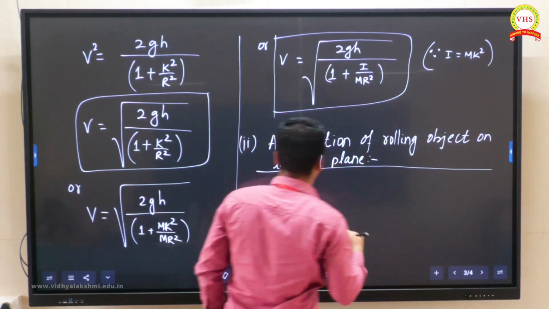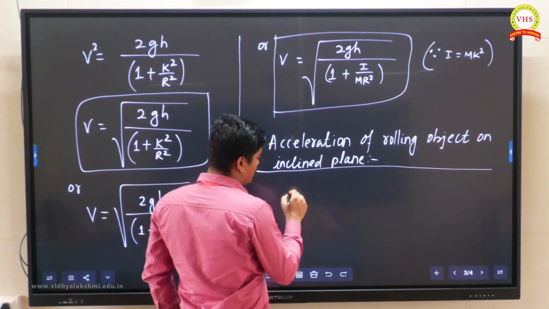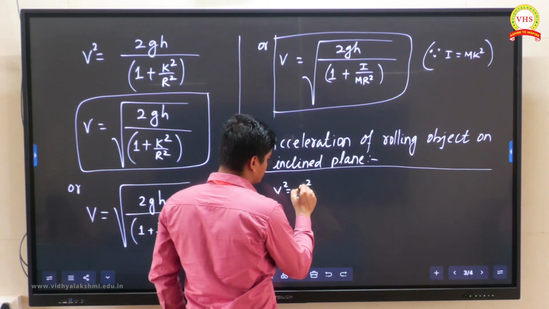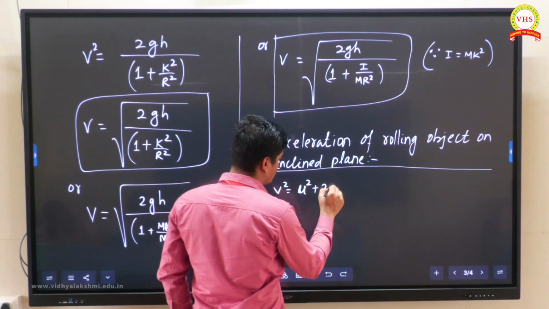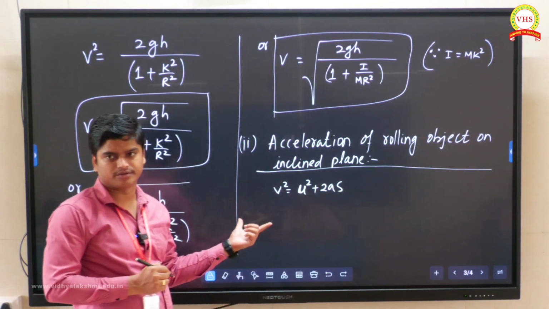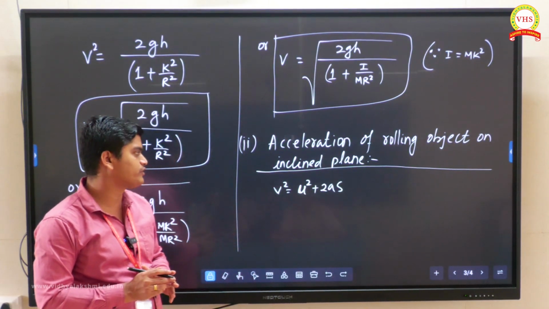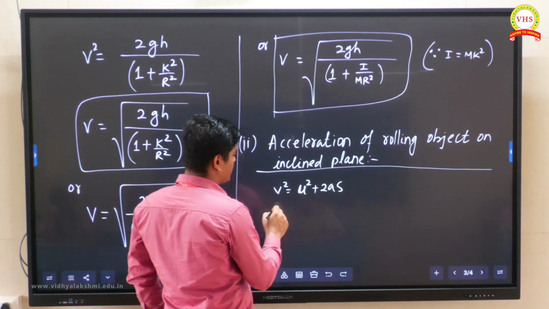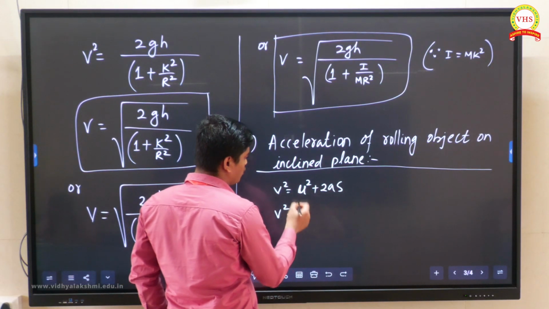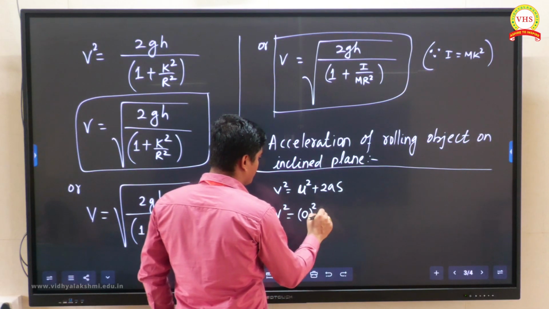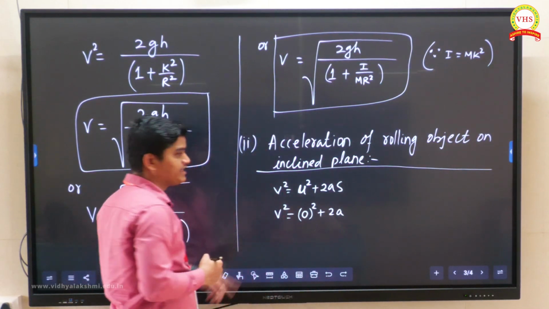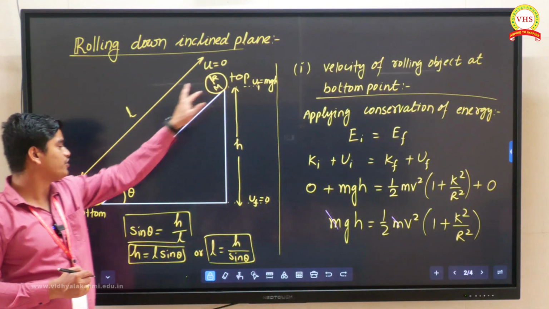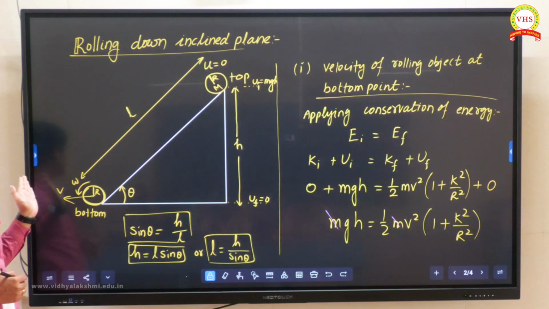You know the kinematic equation: v squared equal to u squared plus 2as. Here v squared I already know, and initially the initial velocity is 0, so 0 squared plus 2 into a, and s is the linear distance. You will see the picture here, all of you try to understand. When the object is coming from here to here, it is traveling on distance L. How much distance?